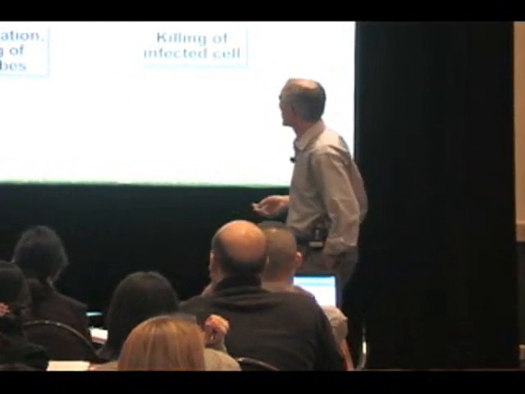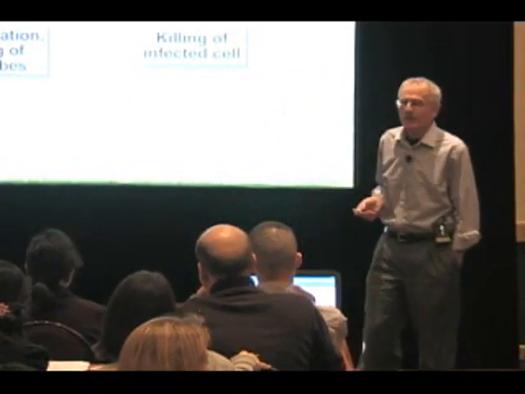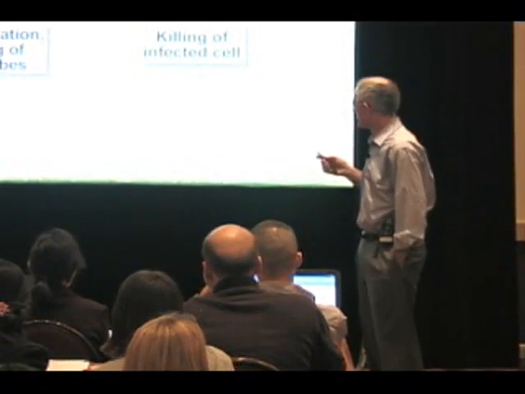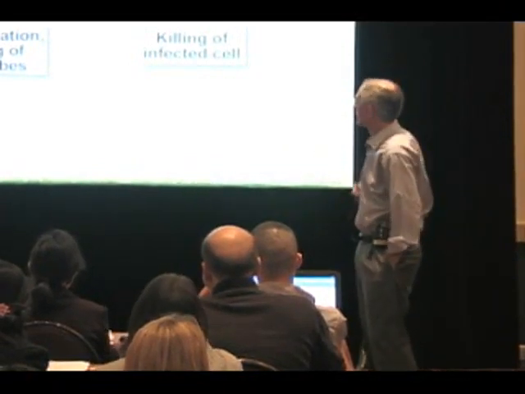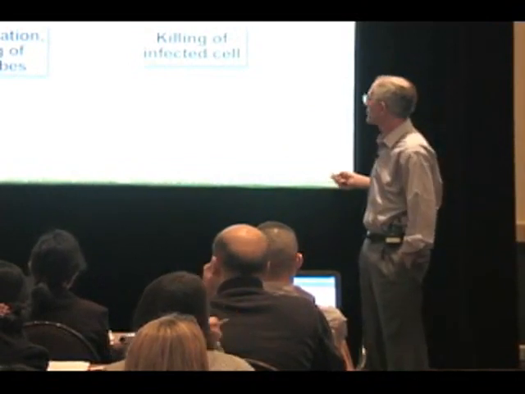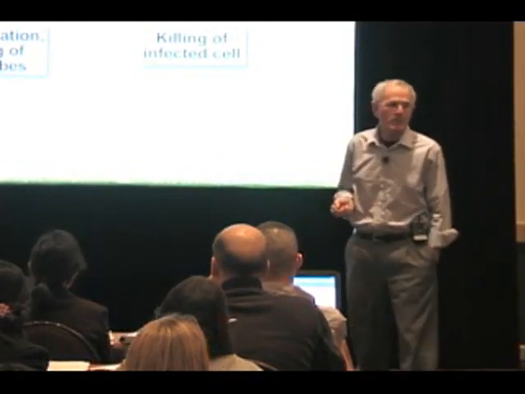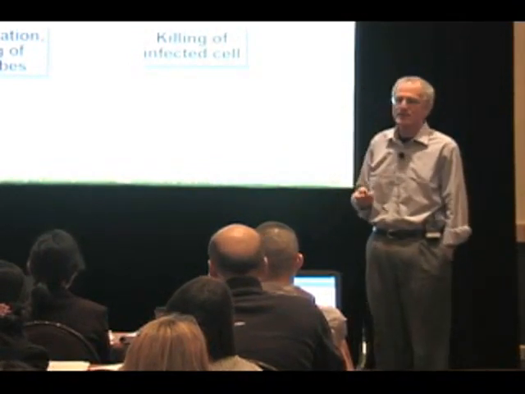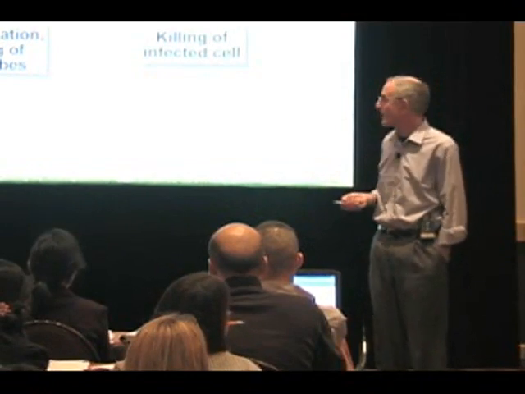Just to remind you, and we've heard this throughout the day, in terms of T lymphocytes, there are two large categories or subsets of T cells. The CD4 positive T cells, which we often call helper T cells, because the way they work is they help other cells to do the business of eradicating infections.